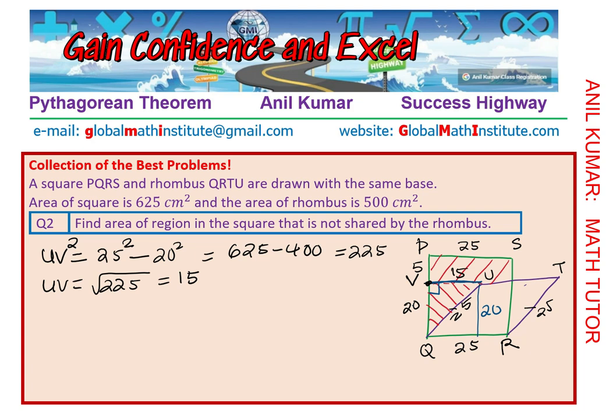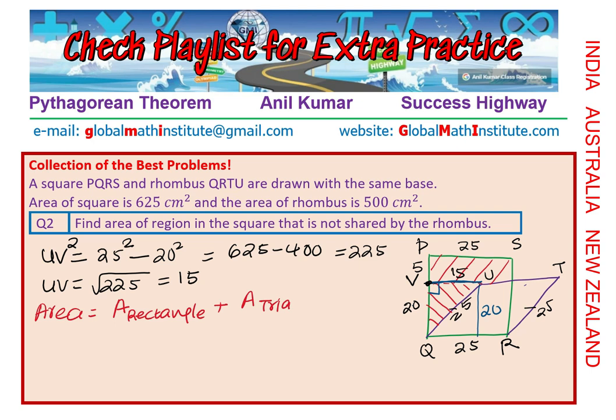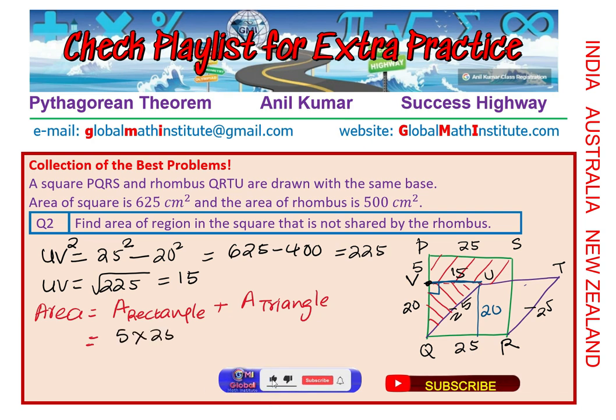And now we can find the area. So area is equal to the area of the rectangle, plus the area of the triangle. The area of the rectangle, as you can see, is 5 into 25, plus the triangle area, which is half base into height, which is half 20 into 15.